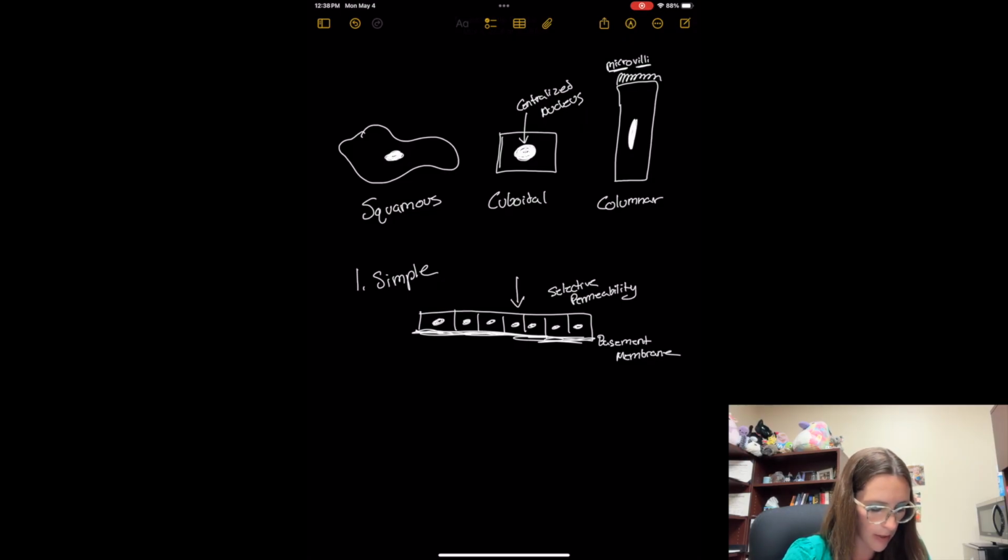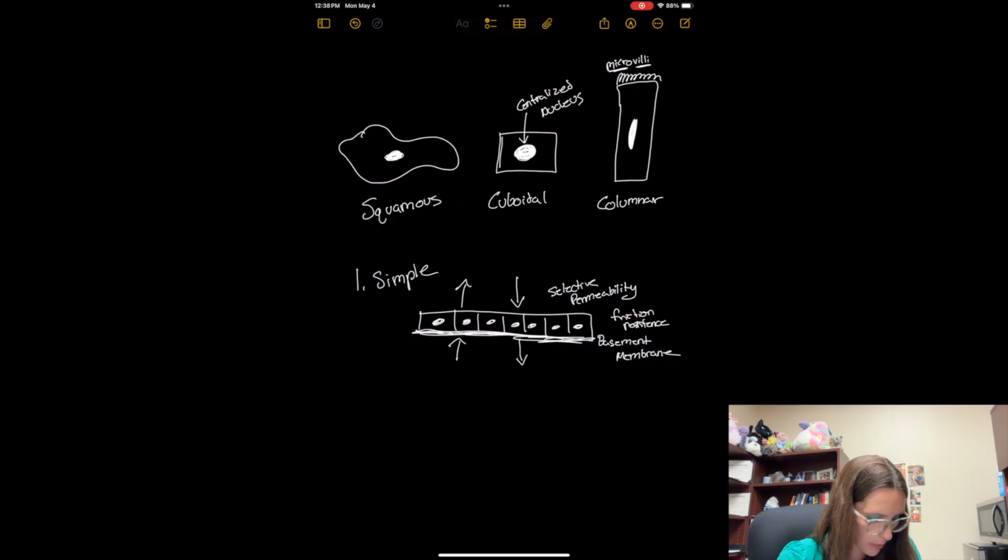So we have some ability to regulate what's going through the tissue. We can also regulate what's going out of the tissue, okay? But it's not going to be doing the main barrier function. If you're thinking about some physical protection, it can do a little bit of friction resistance, but it's mostly going to be regulating what's going in and what's going out.